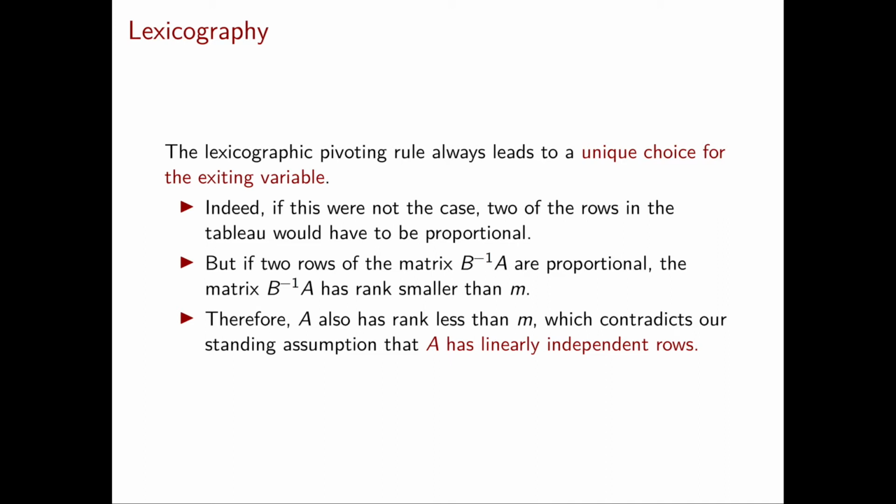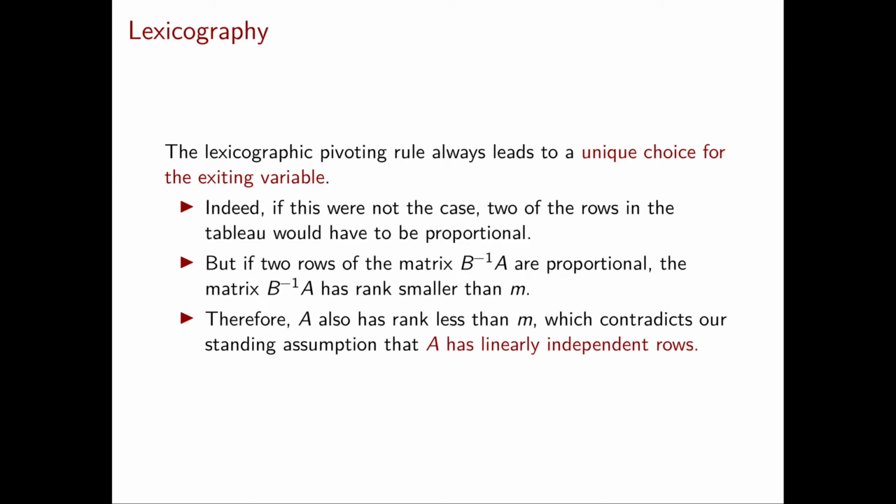Why is that the case? To show this, we will use once again the fact that our matrix A has linearly independent rows. Let's prove this by contradiction. If the lexicographic pivoting rule doesn't lead to a unique choice for the exiting variable, it means that there are at least two rows that are proportional to each other.